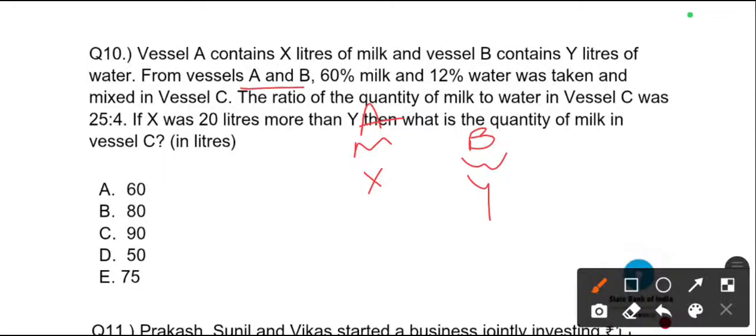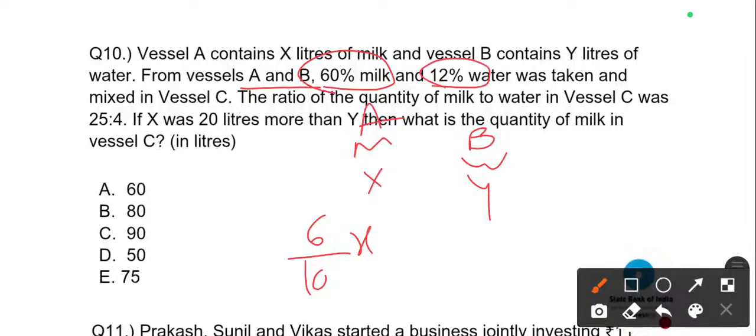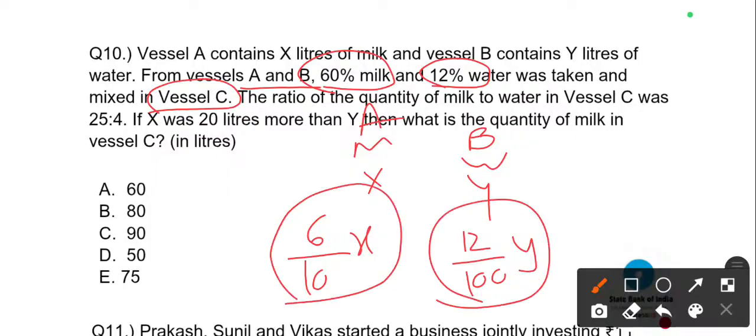From vessels A and B, 60% of milk, so 6 by 10 of X, and 12% of water were taken out. So these are taken out and mixed in a vessel C. So in vessel C we have these two only.